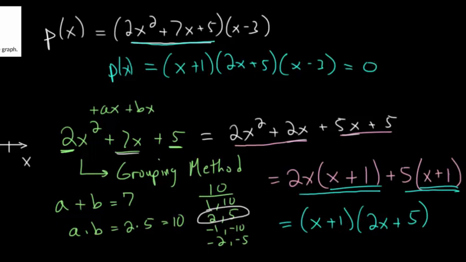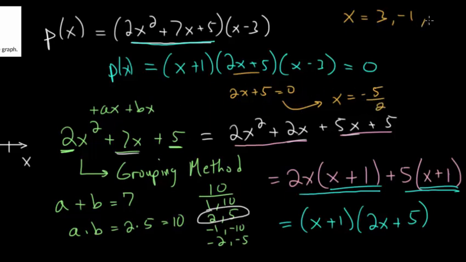So again, we're using our zero product property. For us, if we use 3 here, like I mentioned earlier, 3 would work. If we use -1, that would work as well. And for the more complicated one, you can just set it equal to 0 and then solve. If we subtract 5 on each side and then divide by 2, x would be -5/2. So that is our third of the zeros for this cubic polynomial.